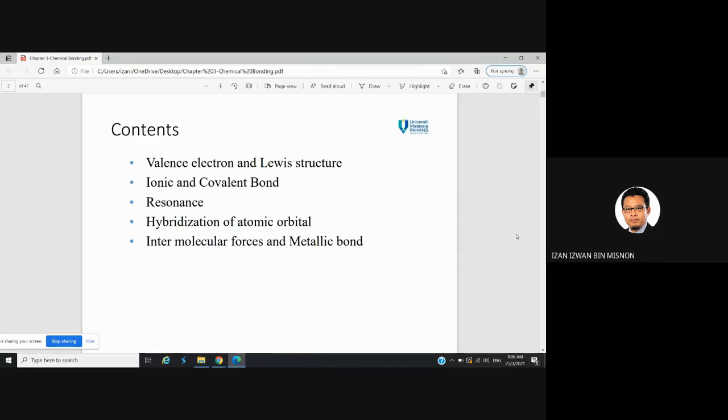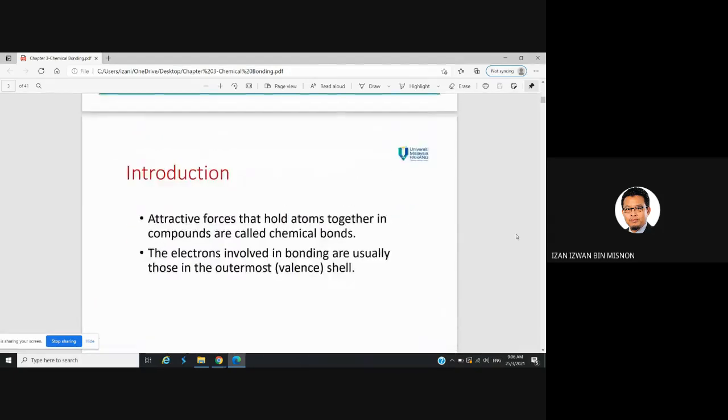In this chapter, we will discuss valence electron and Lewis structure, ionic and covalent bonding, resonance, hybridization of atomic orbital, intermolecular forces, and metallic bonding. As an introduction, the attractive forces that hold atoms together in a compound are called chemical bonds.